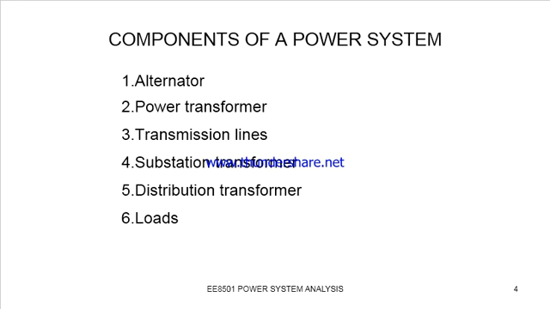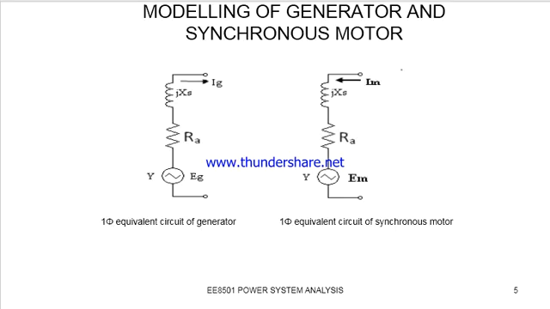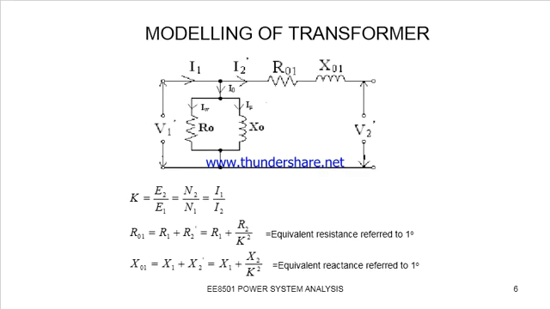These are the general components of a power system. Normally, while considering the equivalent circuit, we draw the generator and motor with the resistance, inductance, and the voltage value. Next, the transformer consists of the resistance, inductance, impedance, and reactance values.